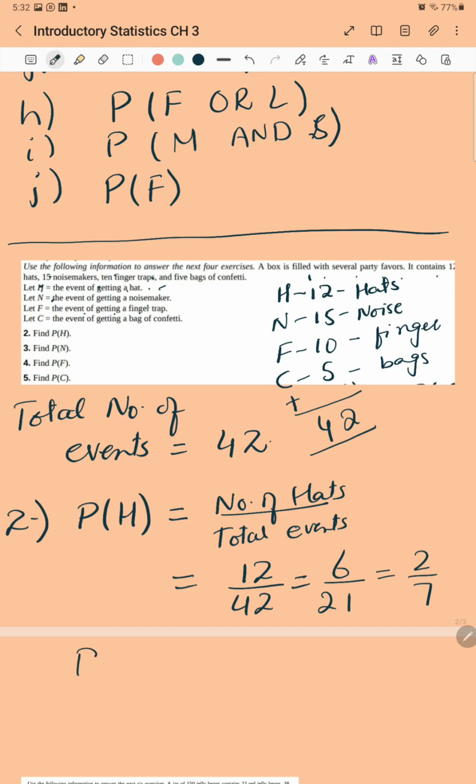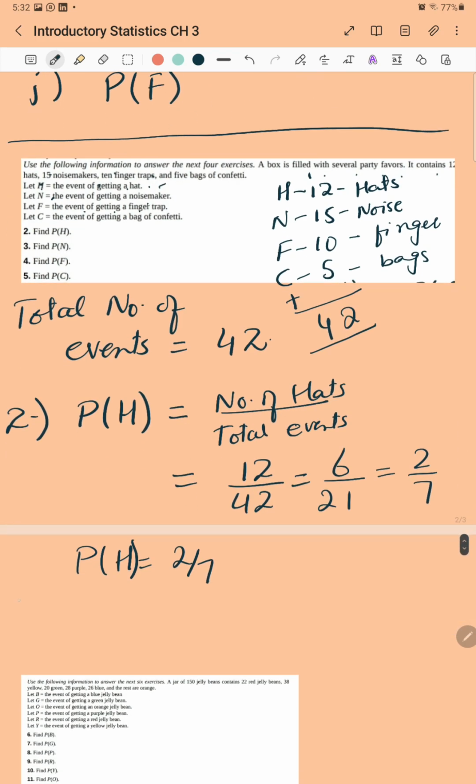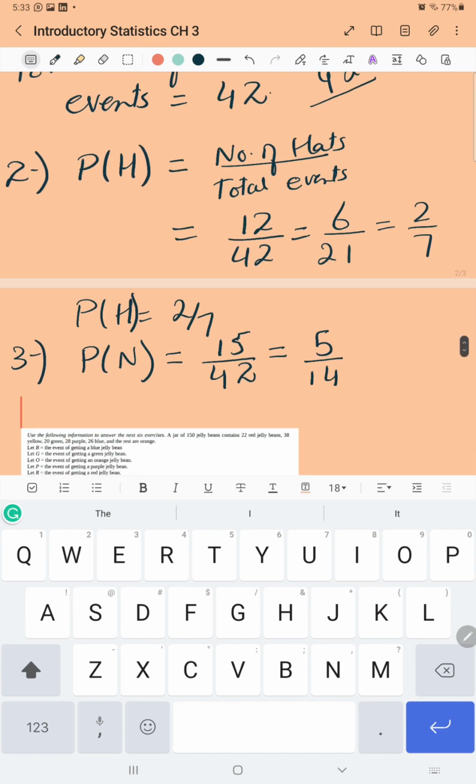The probability of H is 2/7. Coming to question number 3, probability of N. N is noise and there are 15 and the total is 42. So 15 over 42 can be simplified with the table of 3. 3 5s are 15, 3 1s are 3, 3 4s are 12. So 5/14 will be the answer of this probability.